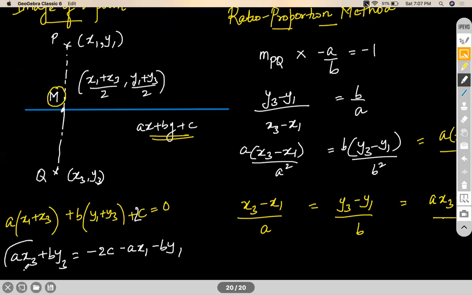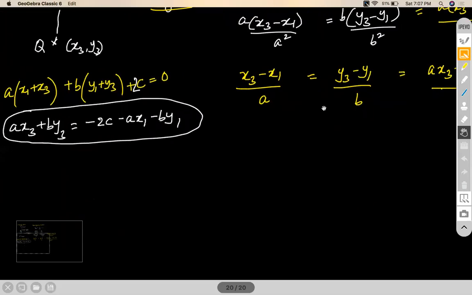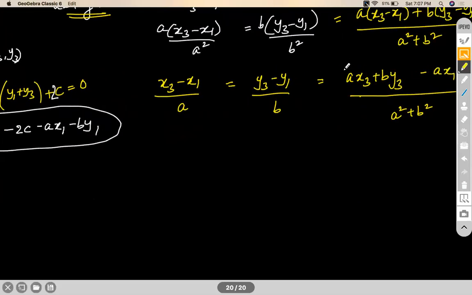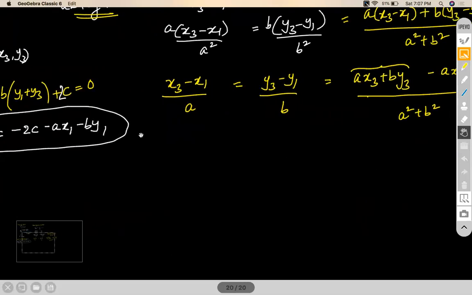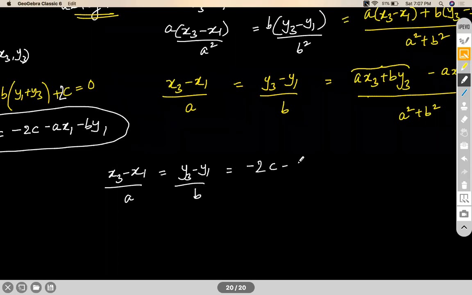Can I say this? So what I'm going to do is come back to this line. This term ax3 plus by3, I'm going to replace it with this term. So this will become minus 2c minus ax1 minus by1.